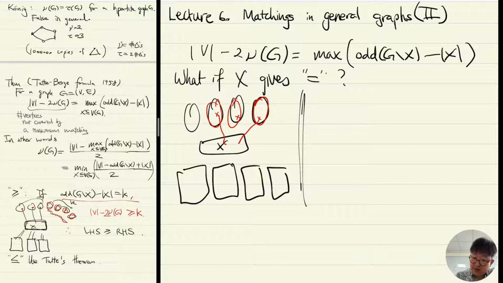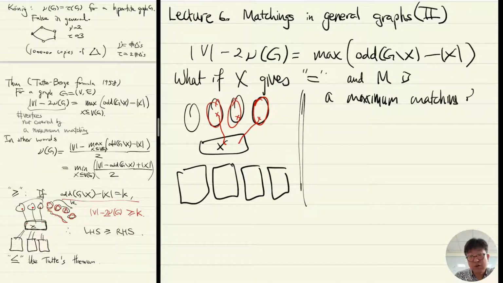But since we have equality, you cannot have two vertices that are not covered by a maximum matching M. So if X gives an equality and M is a maximum matching of G, then the only possible situation for an odd component is to have precisely one vertex that is not covered by M, or precisely one vertex that is joined to a vertex in X by a matching.